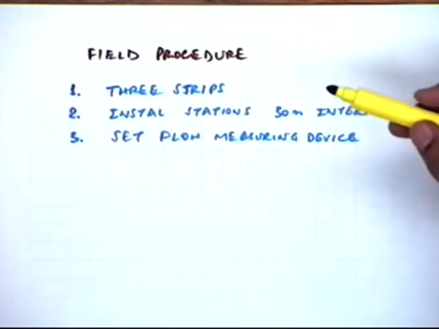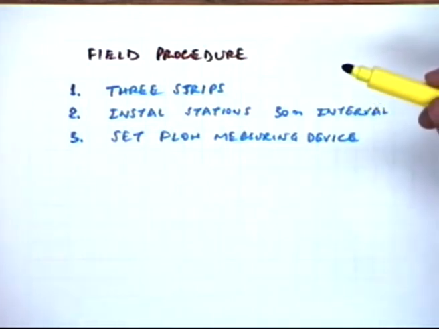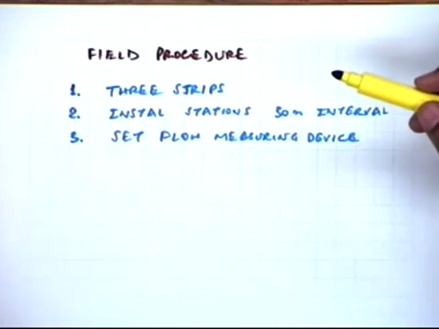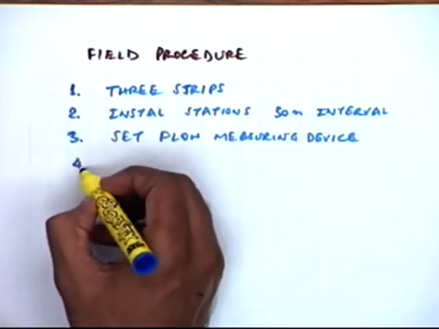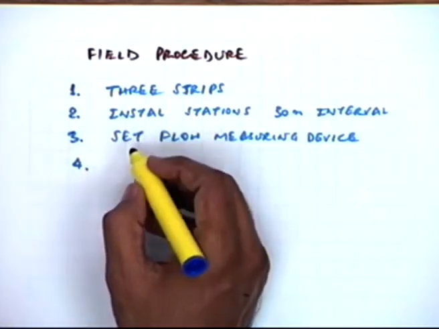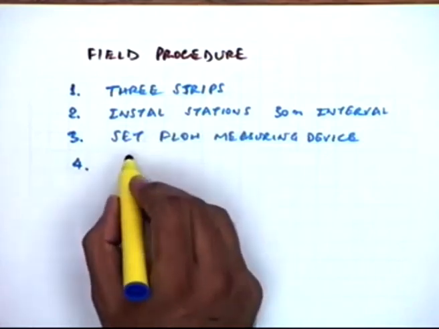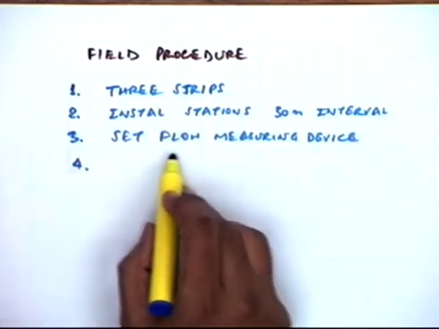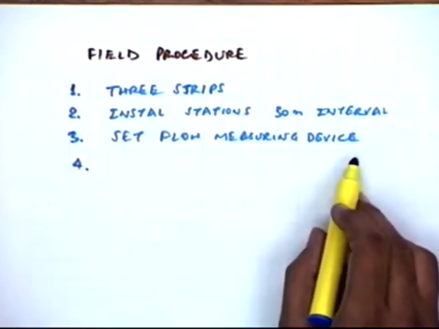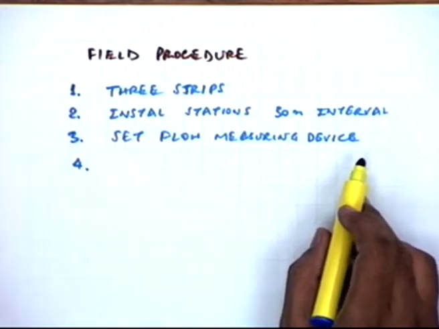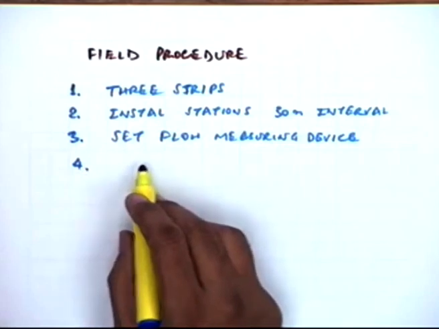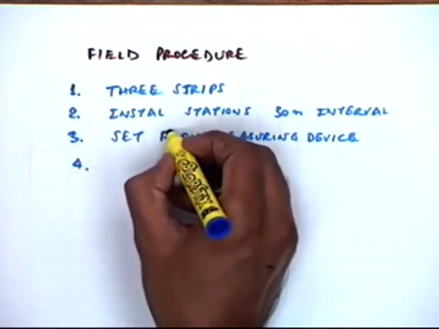Since in all the 3 strips you are using different stream sizes, the number of siphon tubes will be accordingly set, and you can install those tubes. You can also install the flow measuring device at the downstream end, which is required to find out how much will be the surplus or the surface runoff going out of the field.